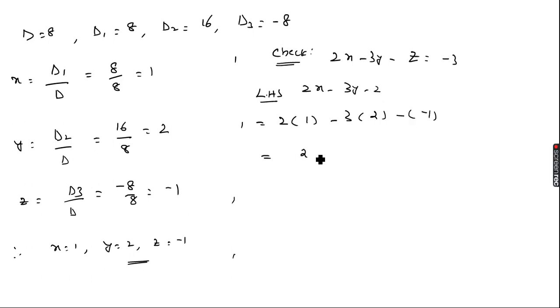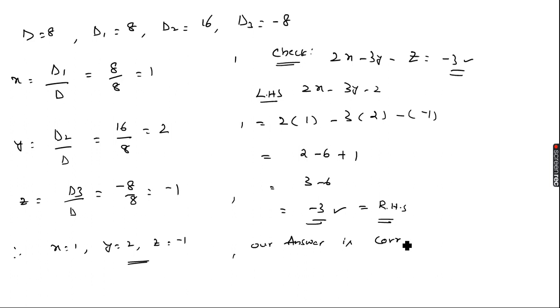So we get 2 minus 6 plus 1, nothing but 3 minus 6, that is equal to minus 3, which is equal to RHS, minus 3. So therefore our answer is correct. This is a method for checking.